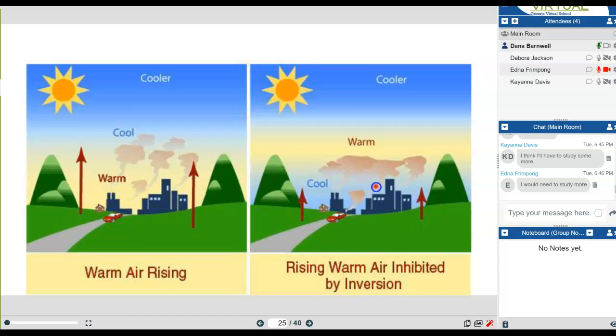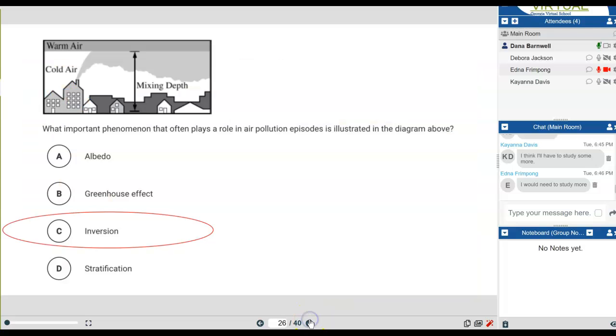As a result, the amount of respiratory distress and the number of deaths was significant. So that's a very famous weather event that impacts air pollution.